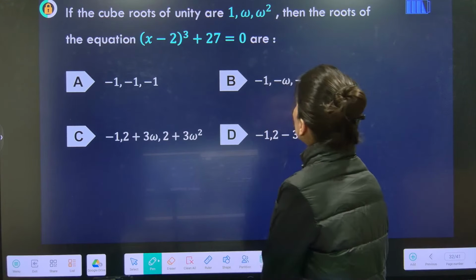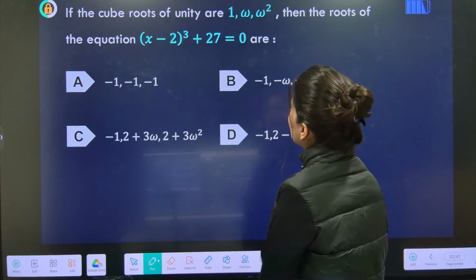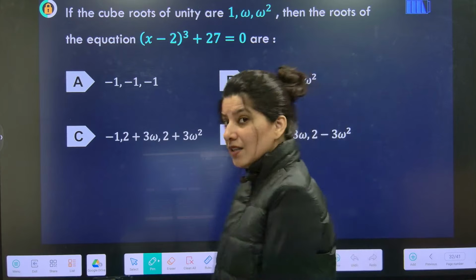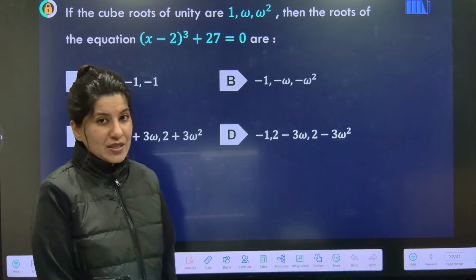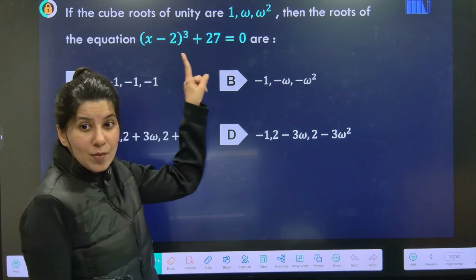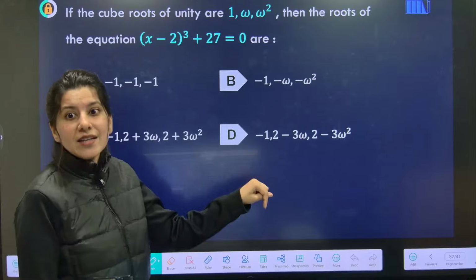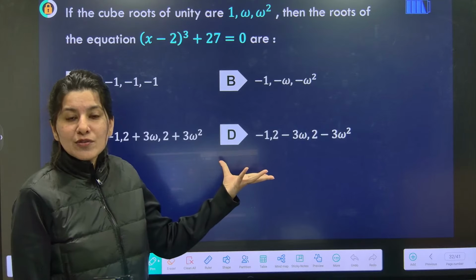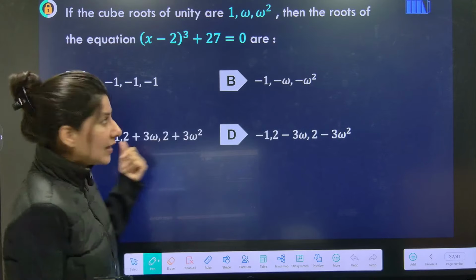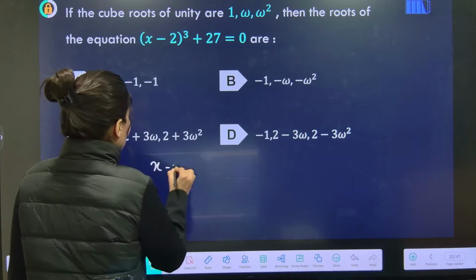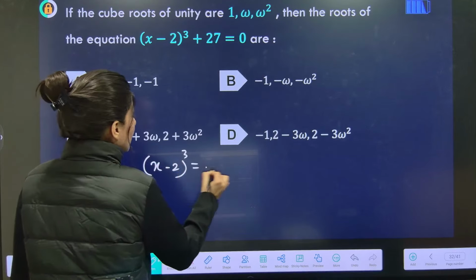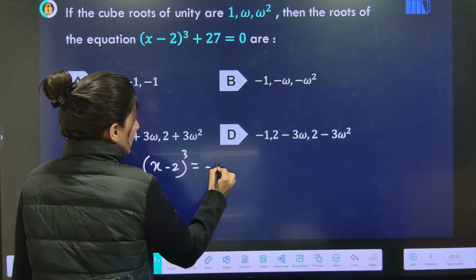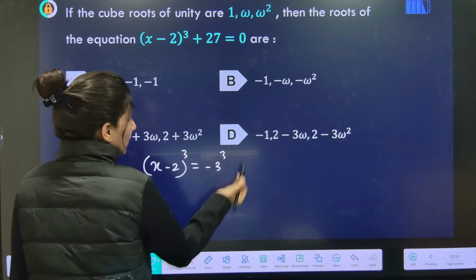If the cube roots of unity are given, then the roots of the equation are. Now, what we are going to do is transform this equation so that it looks like cube roots of unity. Let me tell you. x minus 2 whole cube is equal to minus 27. Minus 27 is minus 3 cube, correct?